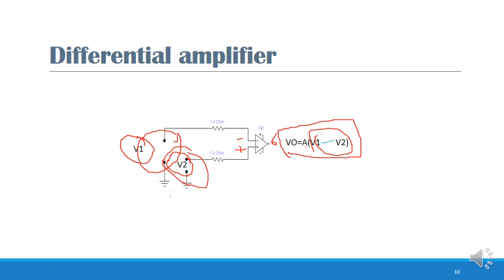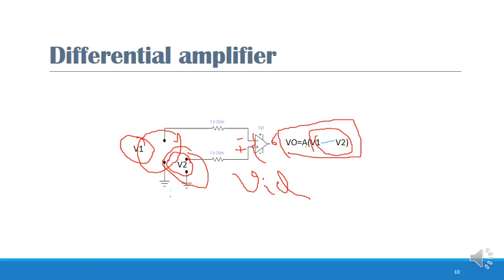That means here V1 and V2 inputs are given. First it is going to calculate the difference of the two, that is called VID. That voltage is amplified by the operational amplifier.